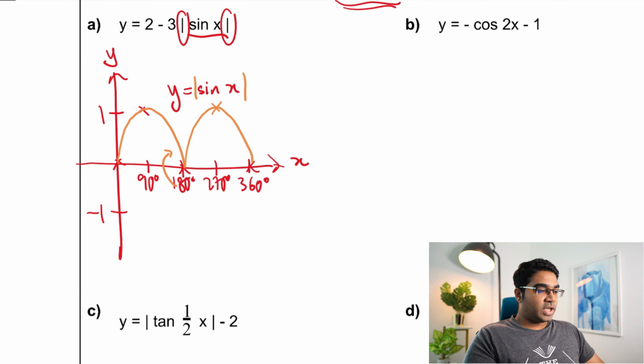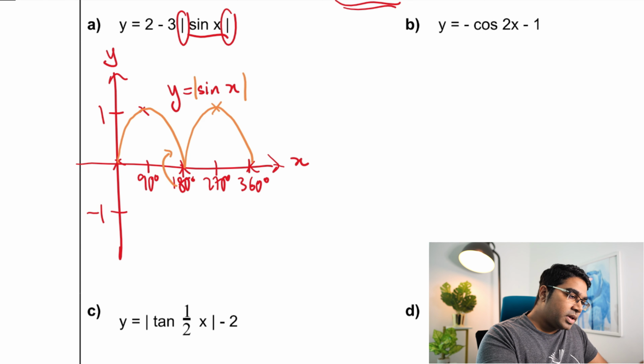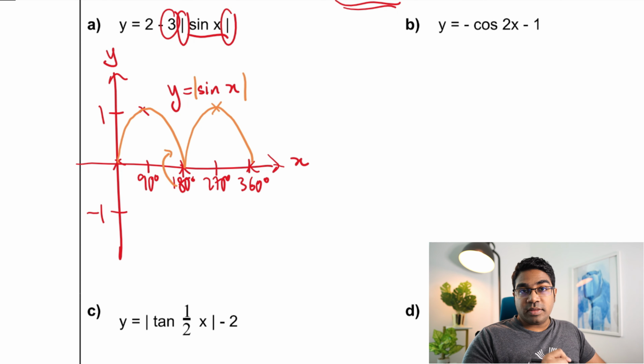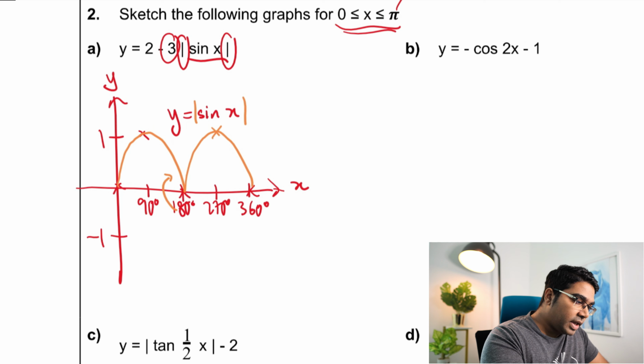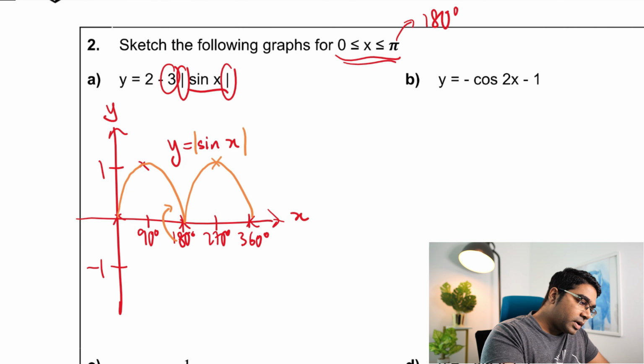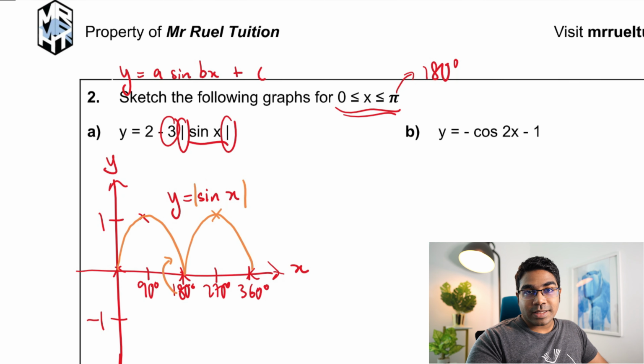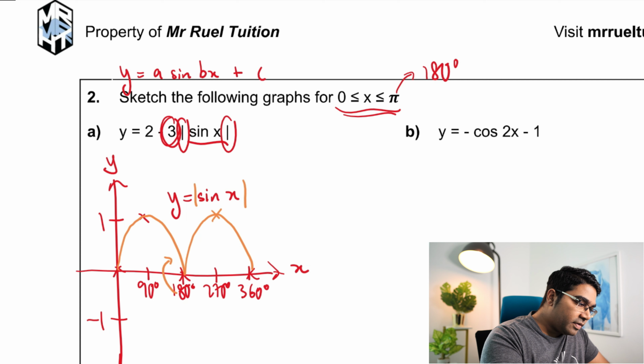Now we apply the next change. The next change here will be multiplied by 3. And when we multiply by 3, this is a change to the a value. If we take our general form, we will have y equals a sine of bx plus c. In this case, this is a change to our a value.